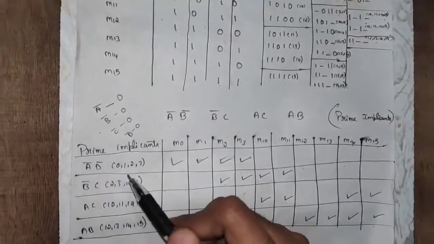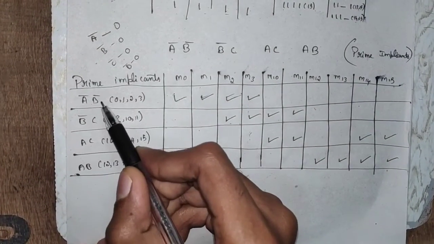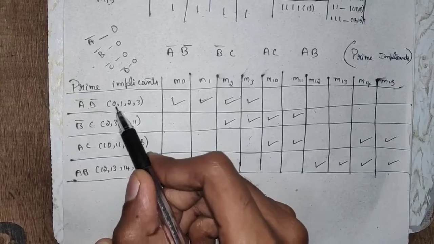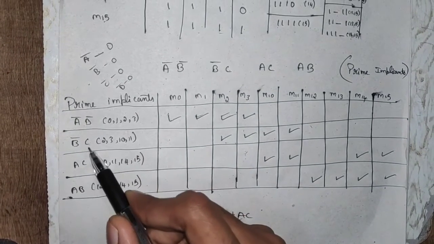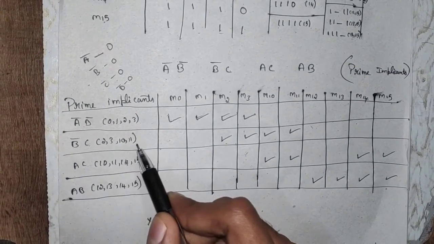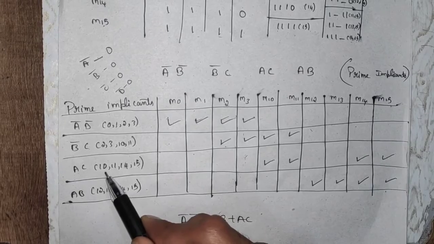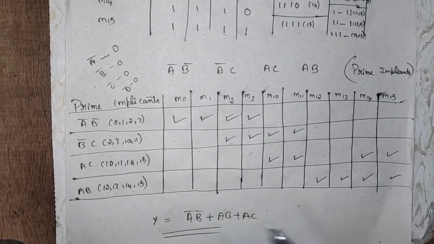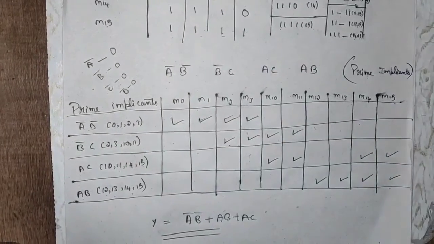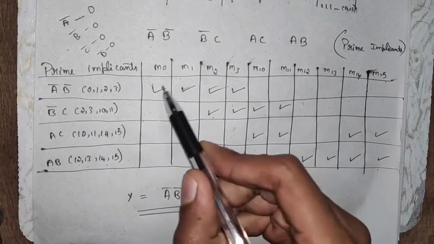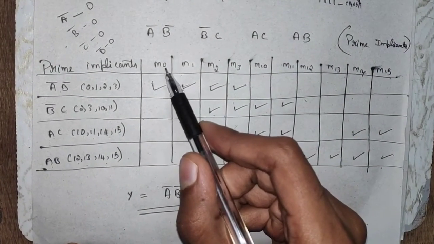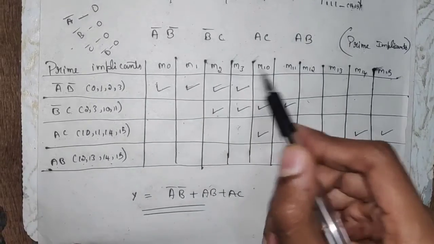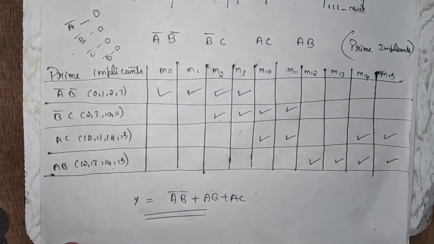Using these prime implicants, we can write the values as A bar B bar of 0 1 2 3, B bar C of 2 3 10 11, AC of 10 11 14 15, and finally AB of 12 13 14 15. So we should enter the values given in the question, such as m0, m1, m2, m3, m10, m11, and so on till m15.